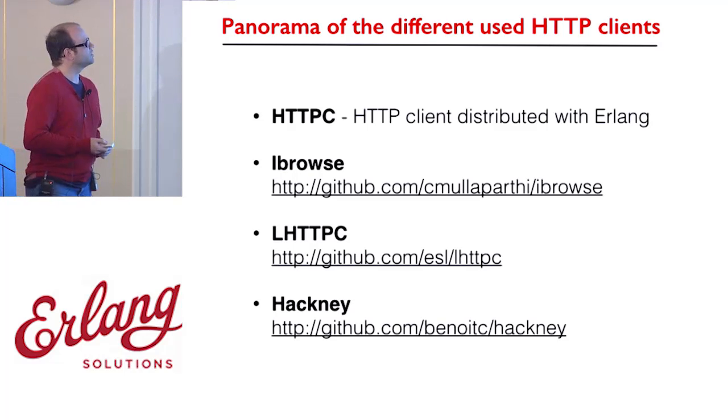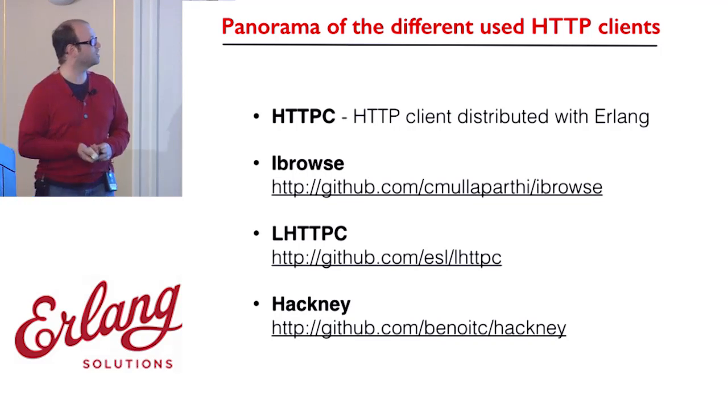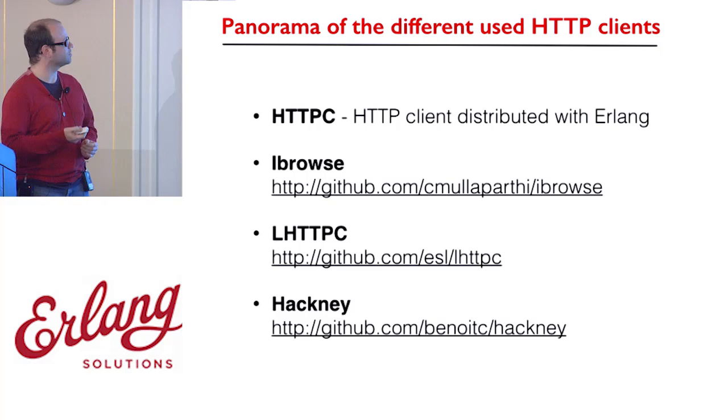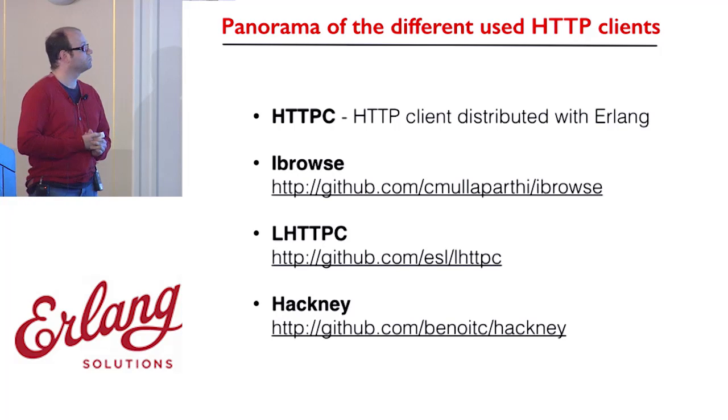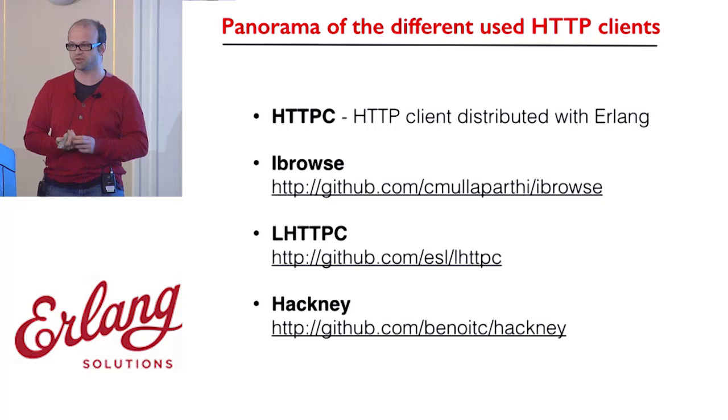ibrowse, which is the oldest one after httpc, of course, is doing a lot, is also doing pipelining, and a lot of the HTTP 1.1 spec. You can stream a request, you can stream a response, you can do a lot of things.